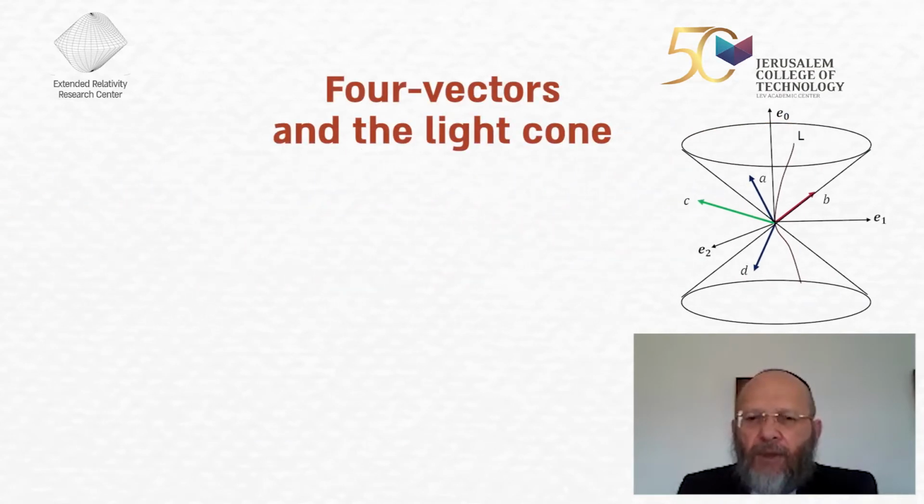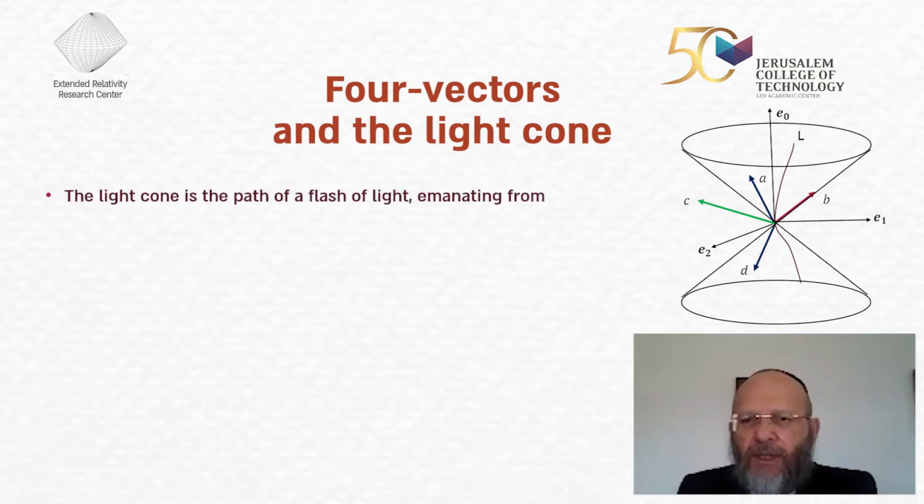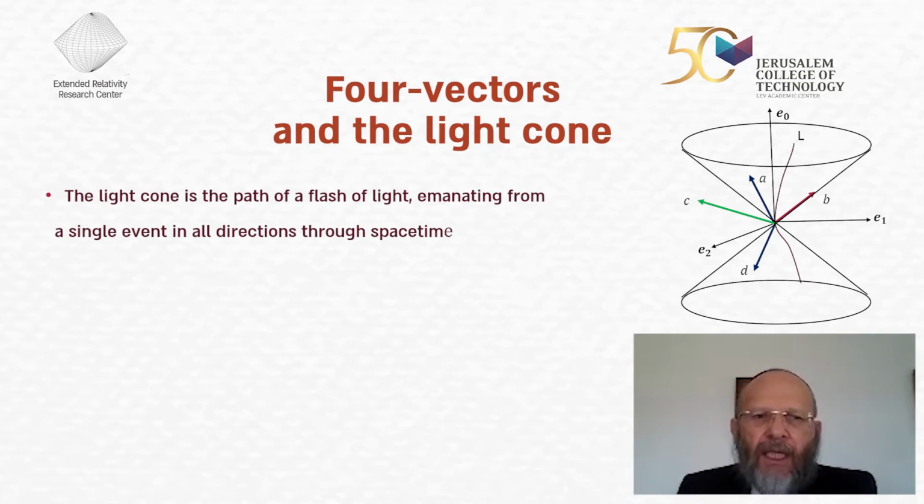Now, in Minkowski space, we have different 4-vectors. We call them 4-vectors because they have 4 coordinates. Let us look at the light cone. What is the light cone? You have a point here, and you send a flashlight in all directions from this point. And where the light reaches, it forms a cone because it propagates with the speed of light in all directions.